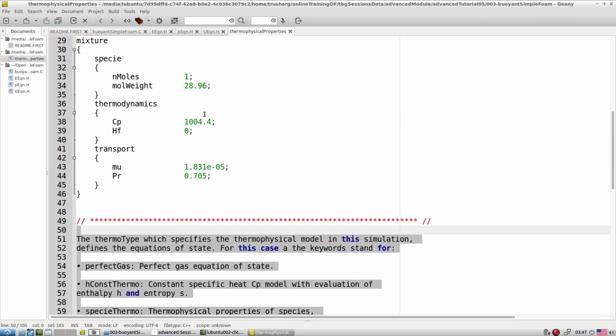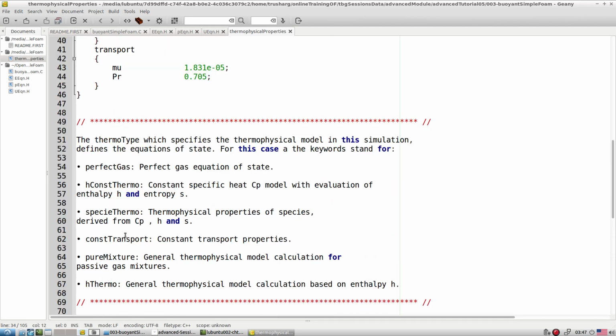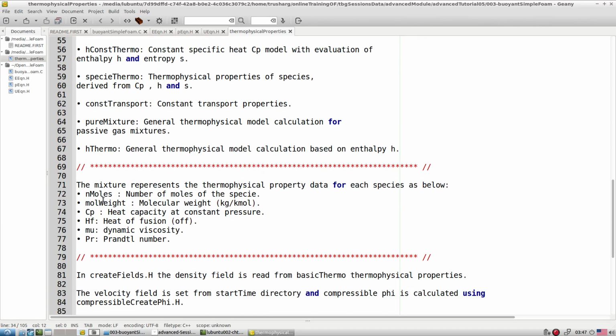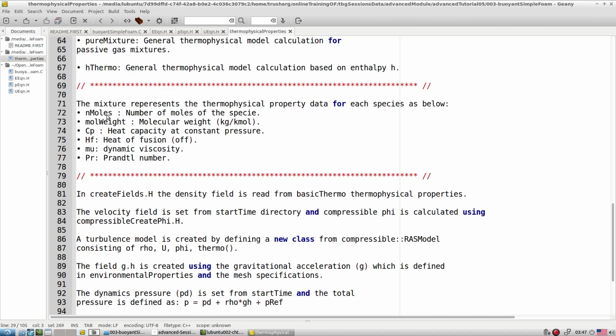Now if you look at the mixture, it has nMoles, molecular weight, Cp, Hf, mu and Pr: the number of moles of the species, molecular weight, specific heat, heat of fusion, dynamic viscosity, and the Prandtl number. That is all the entries we are going to explore for this particular test case.